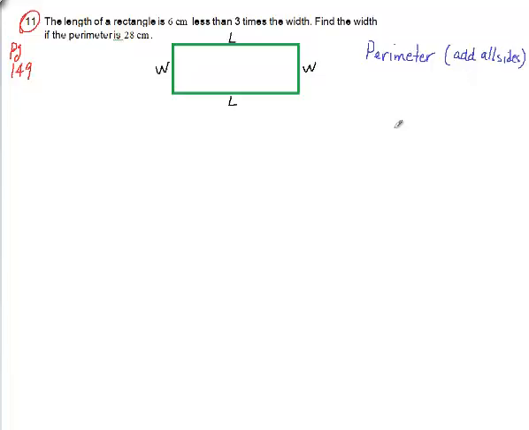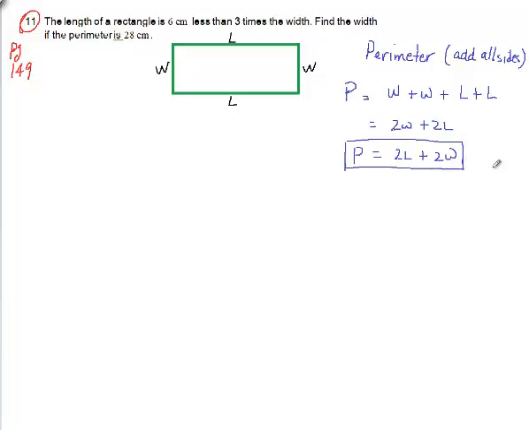In this particular one, we have to add all 4 sides: the width plus another width plus a length plus a length, or 2W plus 2L, it doesn't matter the order. So the perimeter equation is twice the length plus twice the width. You just add up all sides.